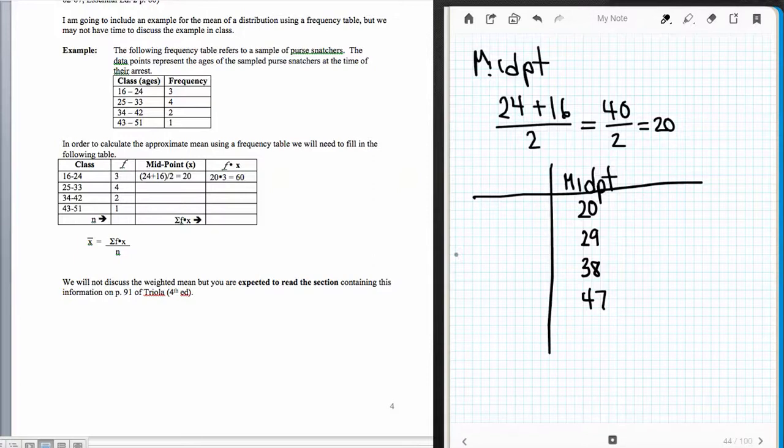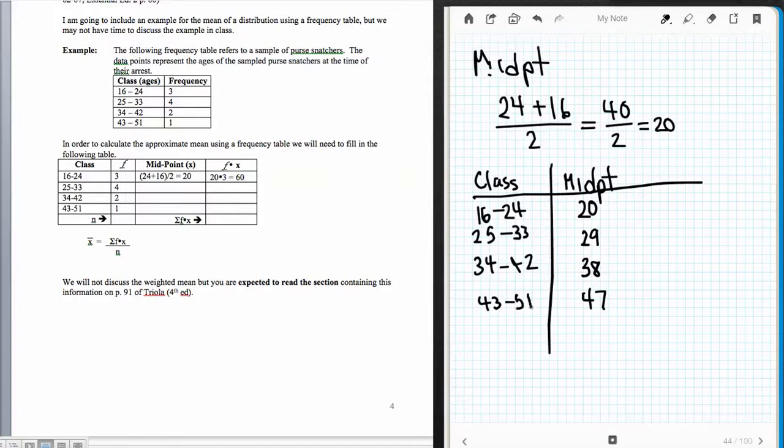And that was the 4 that I would need. And this is for my classes, which are 16 to 24, and then 25 through 33, and then 34 through 42, and then 43 through 51.